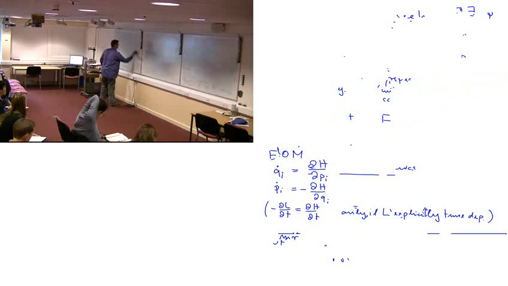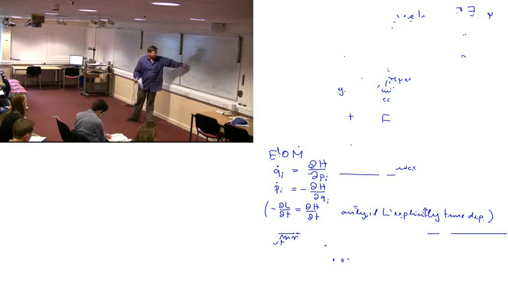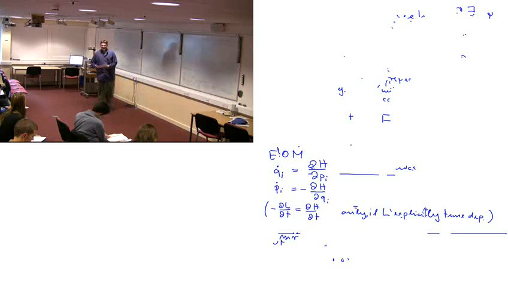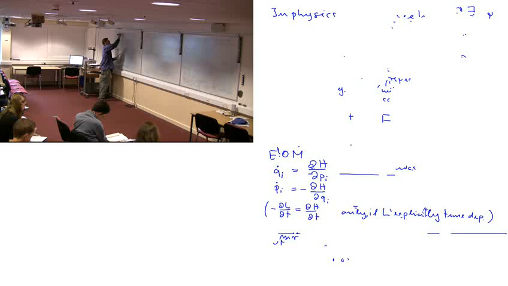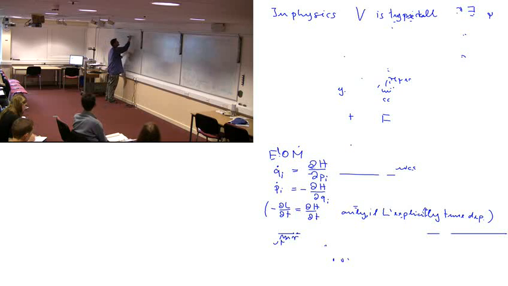And in particular, in physics, we are interested in a certain type of functionals. And that becomes interesting when this vector space is not just some n-dimensional real vector space, but typically, in physics, V is typically the space of functions.